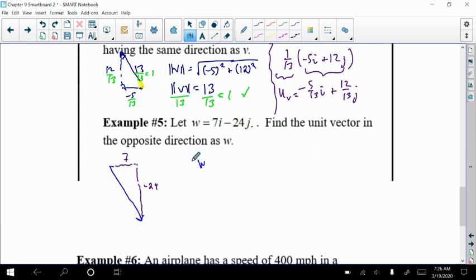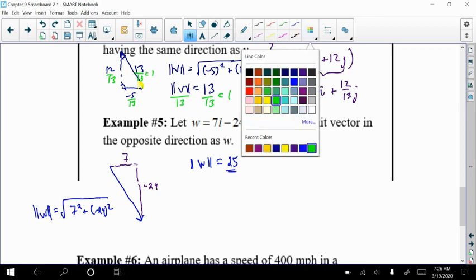So if W represents the vector, I knew that the magnitude of W was 25. And again, I could get that from the Pythagorean theorem: 7 squared plus negative 24 squared would be the magnitude of W. Now, clearly, 25 is not 1. And if I want it to be a unit vector, I'd have to divide that by 25.